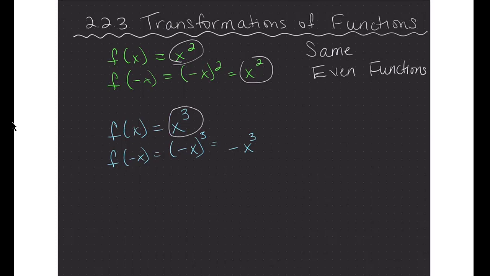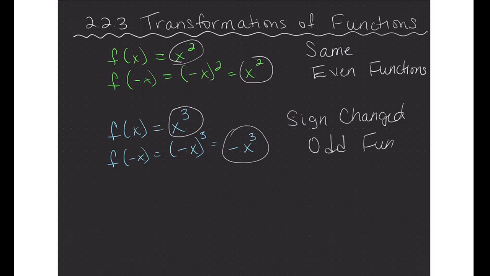So now if we look at our original and then our new negative x, we notice that the sign changed. And if our signs all change, we call that an odd function.